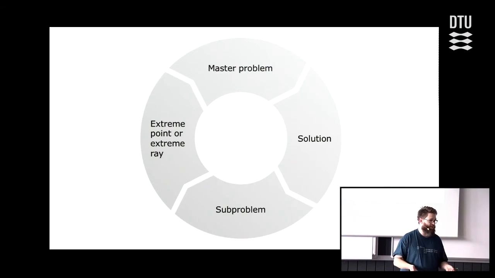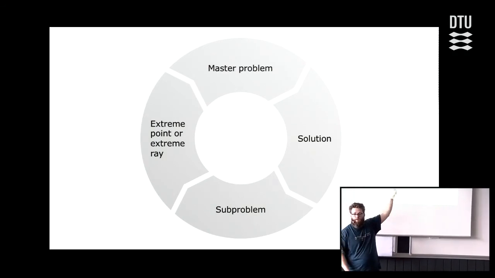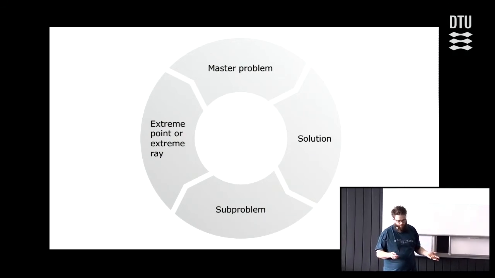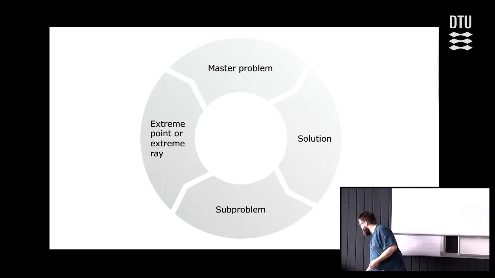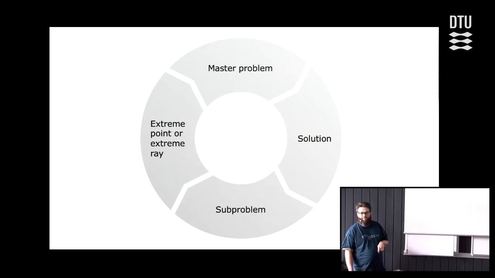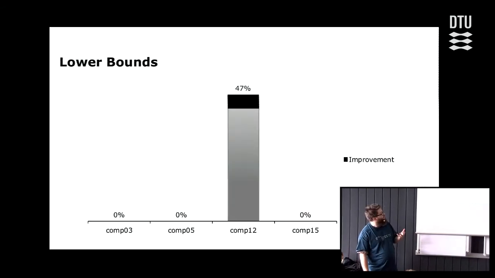So we take this constraint and put it into the master problem, which you can see here, and we iterate. And we keep going until we don't generate any more constraints. This is a wonderful solution, I think, and it helped a lot on the lower bounds.